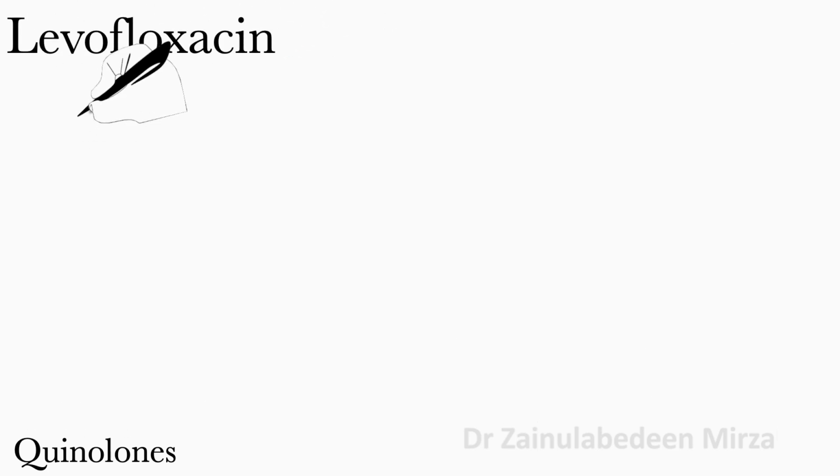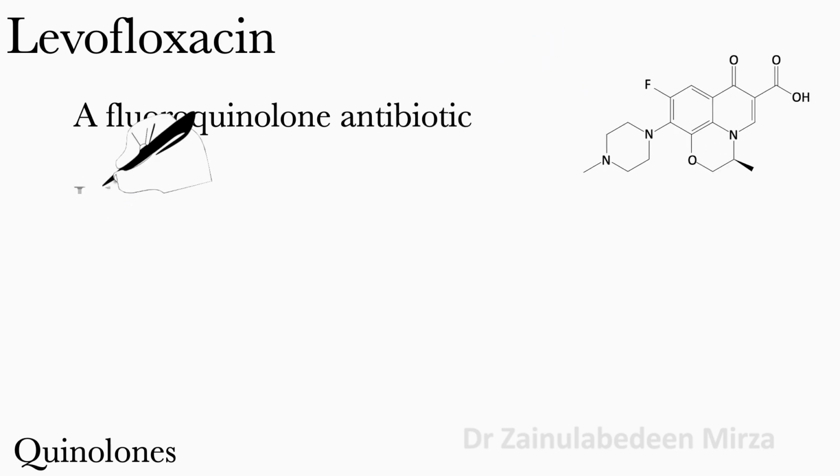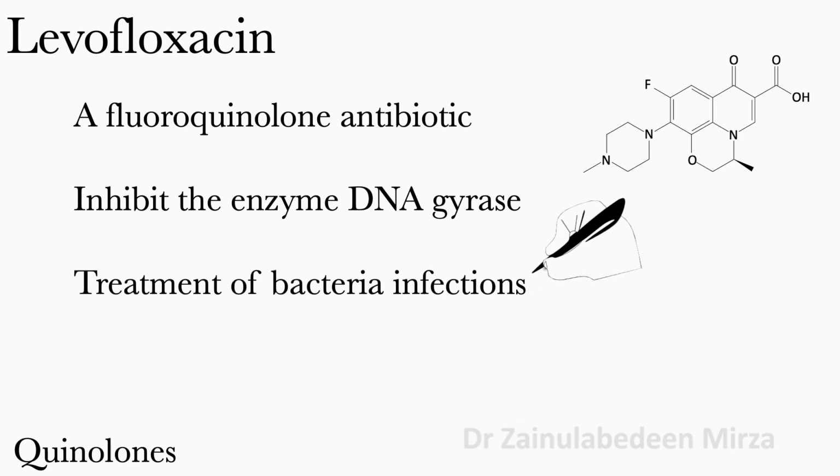Levofloxacin is a fluoroquinolone antibiotic that inhibits the enzyme DNA gyrase in susceptible microorganisms, interfering with bacterial cell replication and repair. Levofloxacin is an antibiotic that is used to treat a variety of bacterial infections.